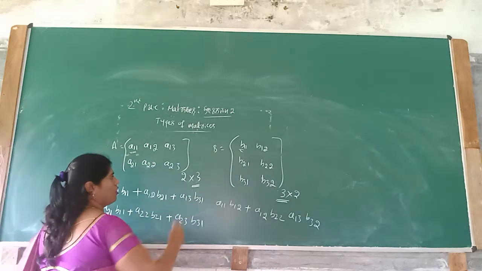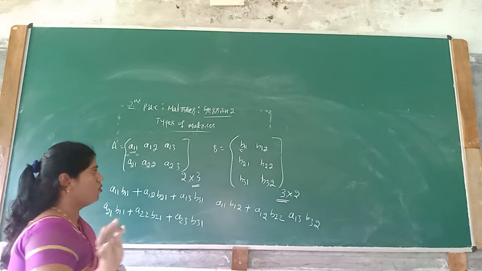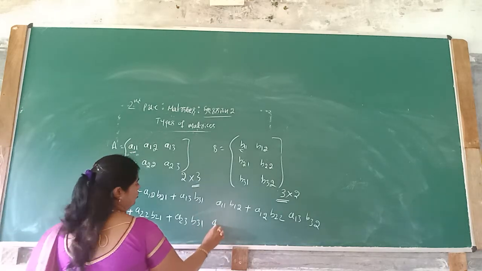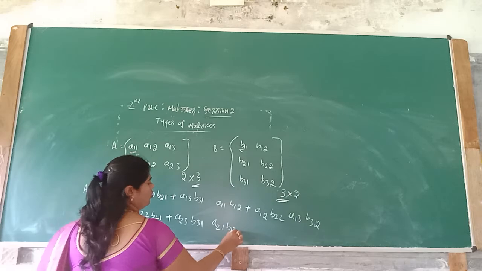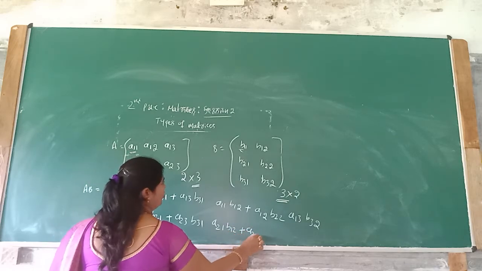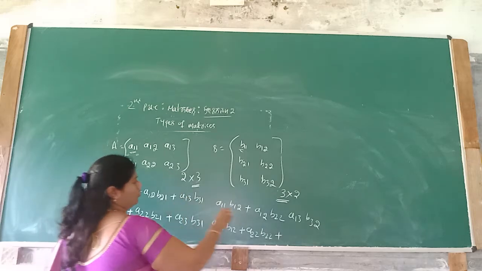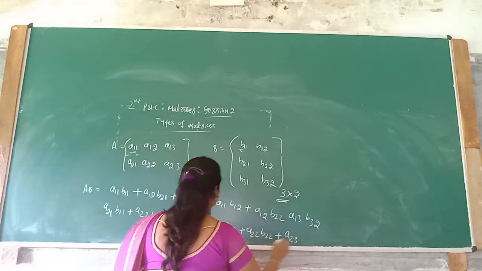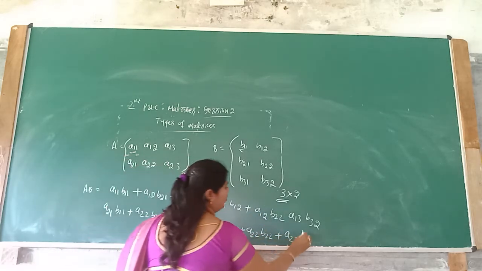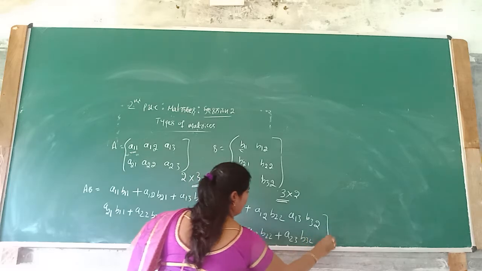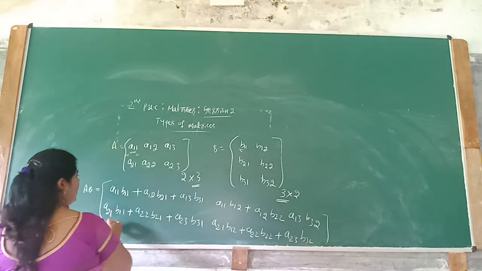Second row, first column. Similarly, second row, second column: A21, B12 plus A22, B22 plus A23, B32. Okay, we have to multiply like this.